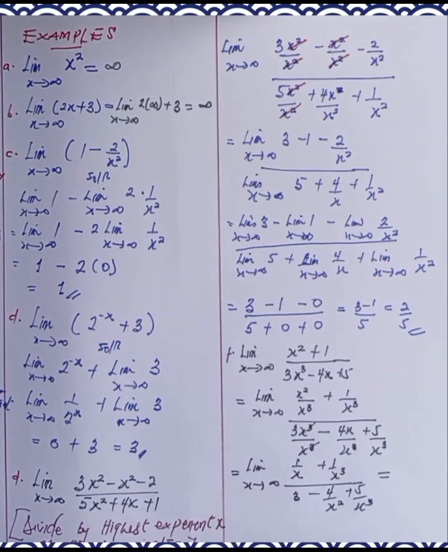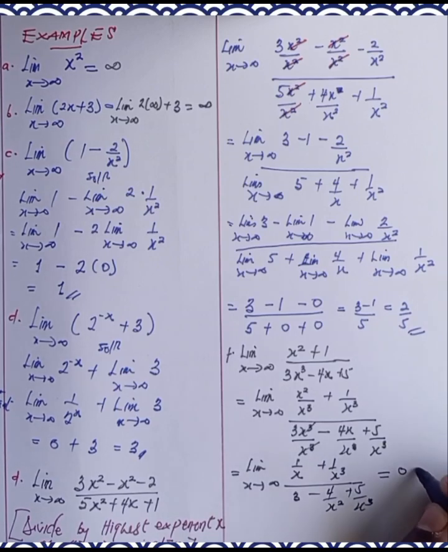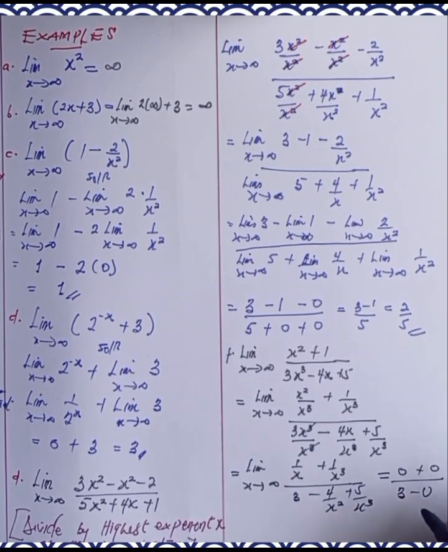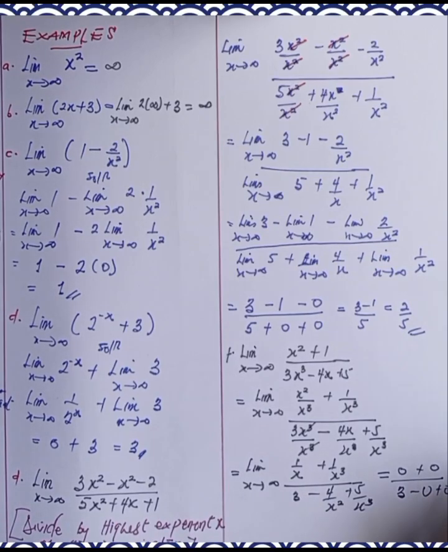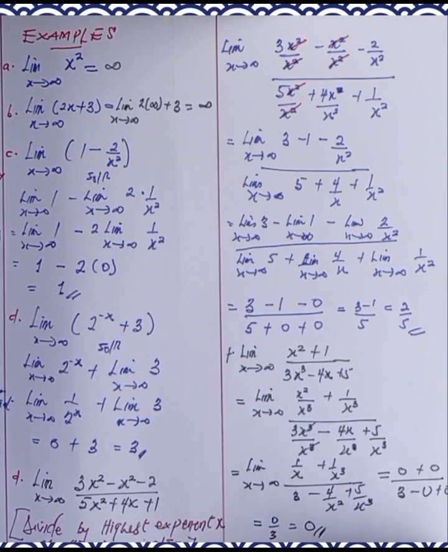So from here, when you take the limit, this is going to give us 0, plus we are also getting 0 for this, all over the limit of a constant, which is still a constant. We are getting 0 for this, and we're also getting 0 for that. At the end, we are getting 0 over 3. And the answer, 0 over 3, is equal to what? 0. That is that.